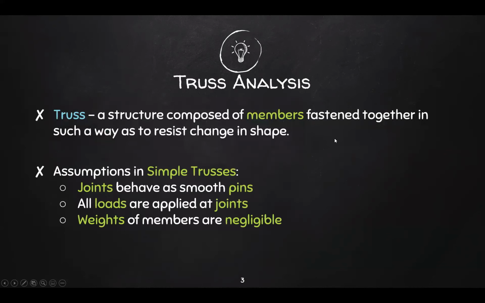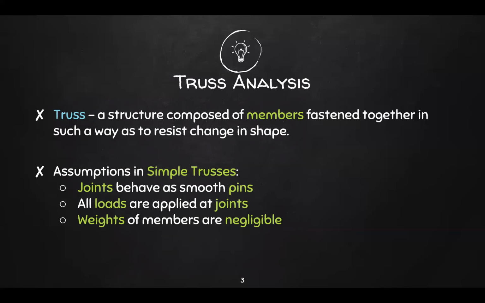So we have the following assumptions whenever we're talking about simple trusses. The first assumption is joints behave as smooth pins. So the members of a truss are joined together by means of a pin, and not only that, it can also be joined by riveting or welding to a gusset plate.